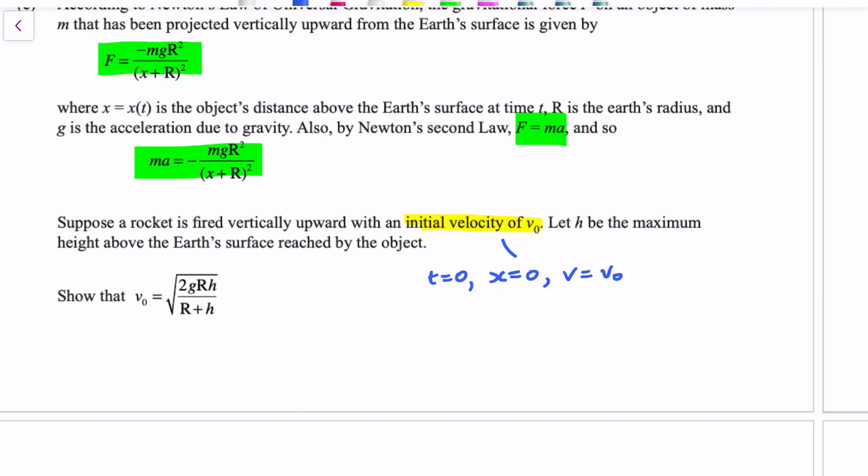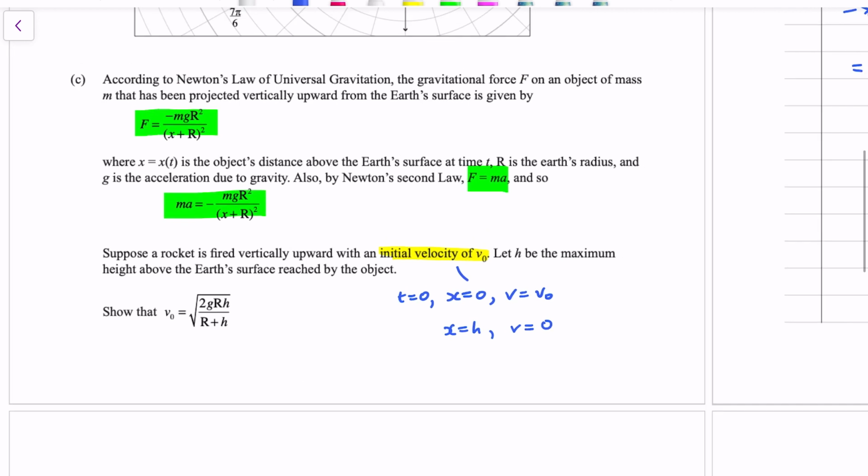So it's x equals 0, v is equal to v0. And then the question's asking us, when we get to a maximum height, so when x is equal to h, the v will be 0. Maximum height is when it's just turning around to return, so it doesn't have any speed at that point. And that's at some value of t, which we don't know, but we actually don't care about.